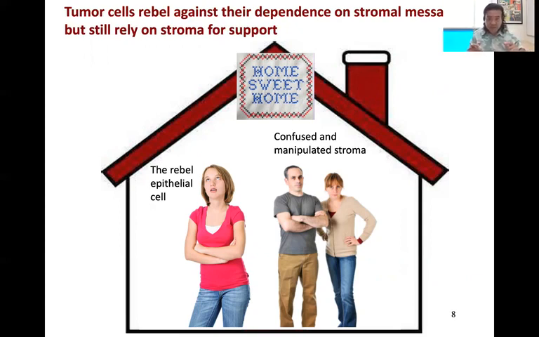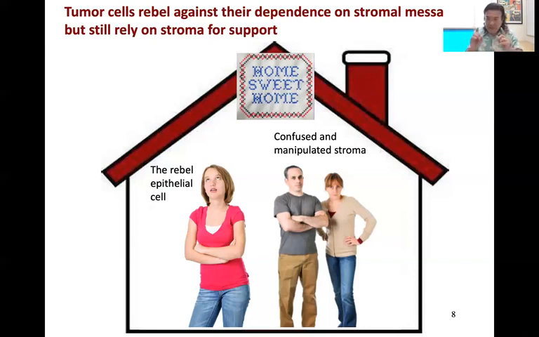So the point is, tumor cells are beginning to rebel. Remember, they're beginning to lose their dependence on properly listening to the types of signals that the surrounding stroma is providing them. Because the surrounding stroma might be saying, hey, no, stop proliferating, you need to just focus on differentiating. But the transforming cell, because of oncogenic mutations and loss of tumor suppressor genes, is beginning to say, no, forget that, I'm doing my own thing.